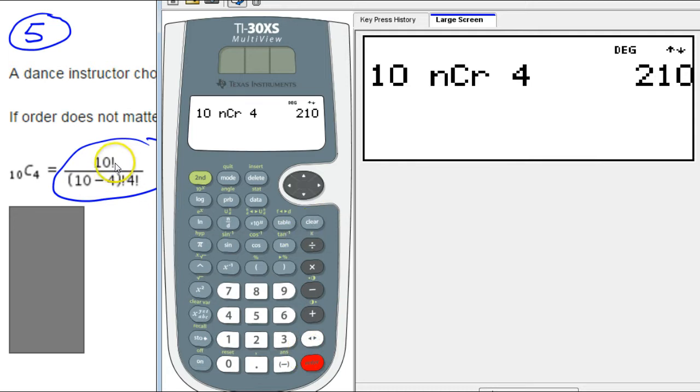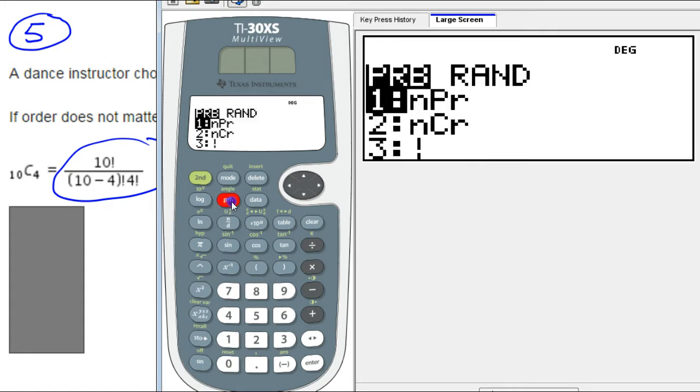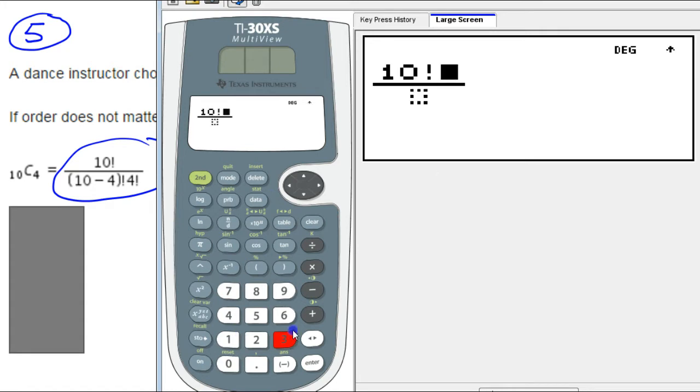There also is a factorial key in your calculator somewhere. So if you wanted to do it the long way, you could set up your fraction and you could do 10, and I think it's under here again. Yeah, see that third choice there is the factorial key. And then we could do the 10 minus 4. Oops, I missed.